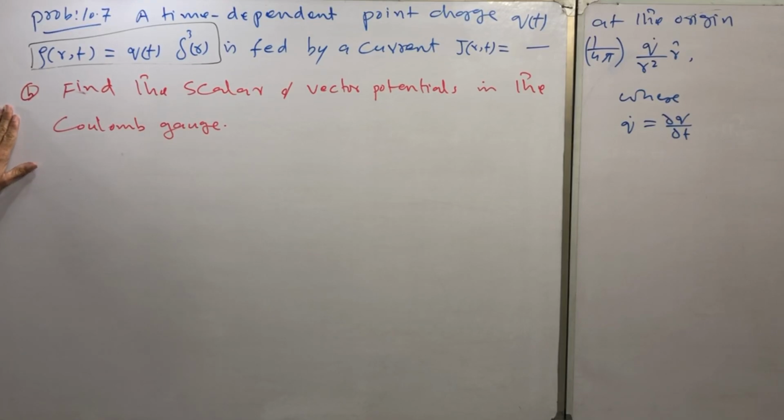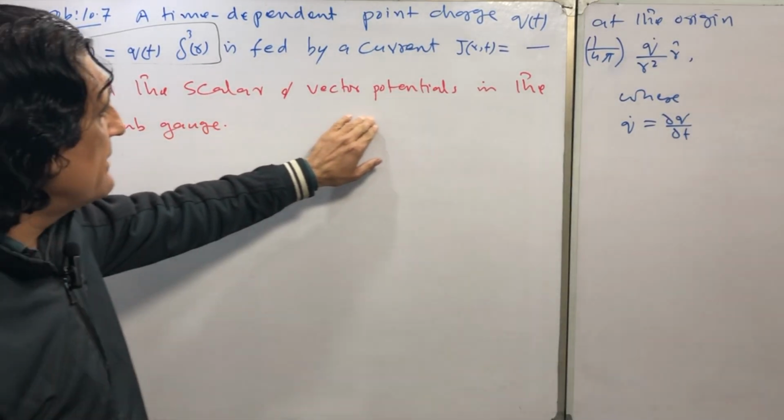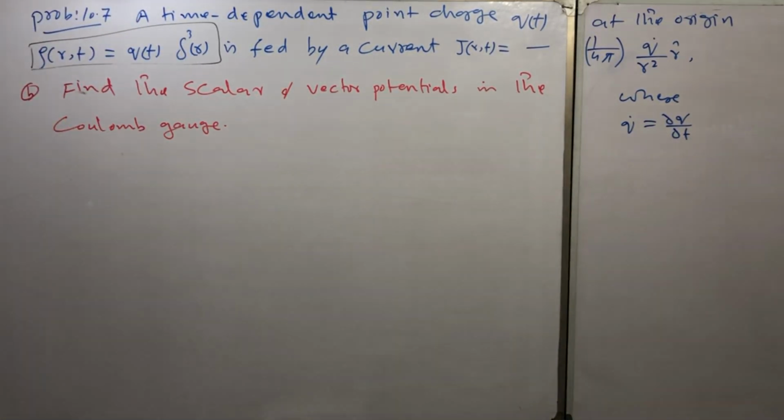Next part of this problem is to find the scalar and vector potential in the Coulomb gauge. So we start from the potential.